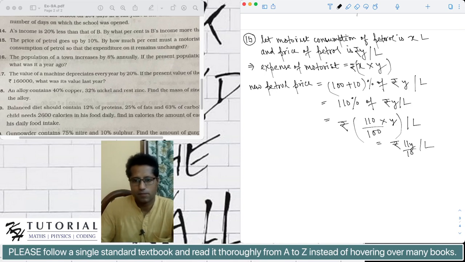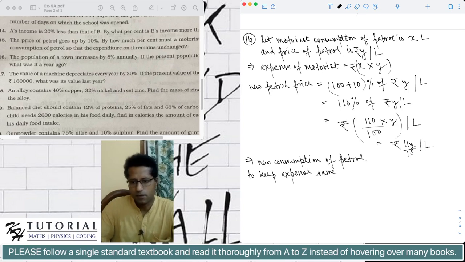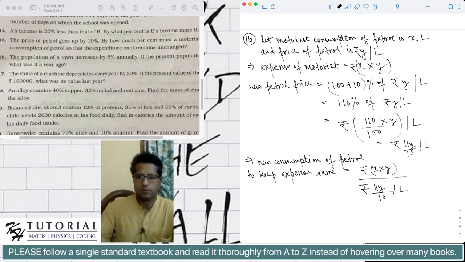Okay, now we have to find the new consumption of petrol so that the expense remains same. So this implies new consumption of petrol to keep expense same will be, the expense will be same, that is rupees x into y, divided by the new petrol price, which is rupees 11y by 10 per liter.